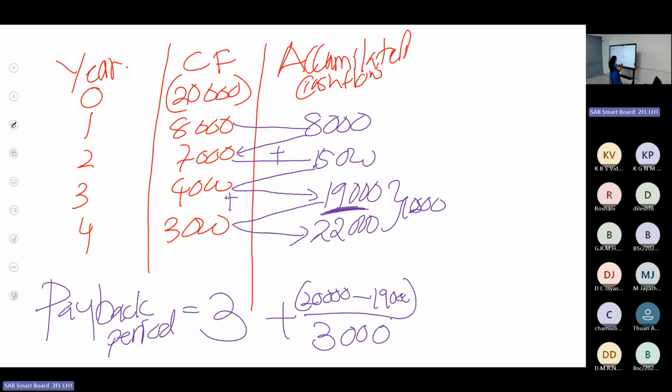To recover only this 1,000 rupees out of the 3,000 received during the year, how many months do you have to spend? Exactly, that is 4 months.